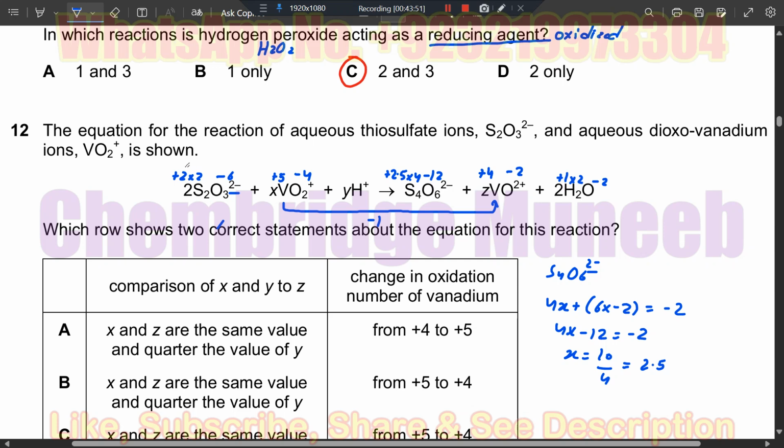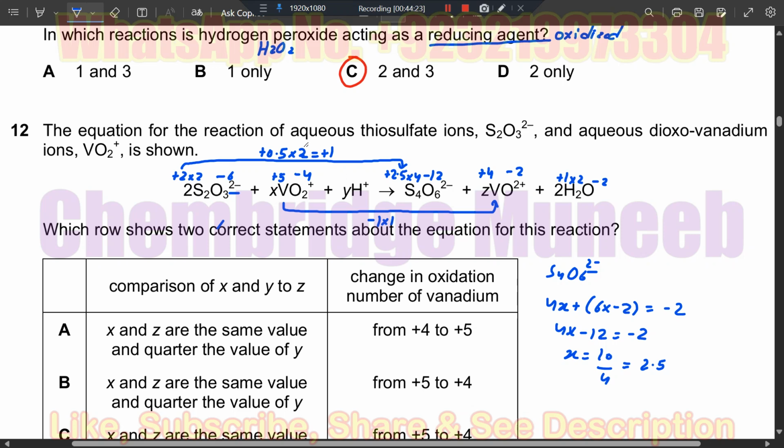Now for sulfur, the change is from +2 to +2.5, which means the change over here is of +0.5. Now according to electrochemistry, we have to equalize the change, which means this +0.5 must be multiplied with 2 to make it +1, and -1 is already there, which does not require to be multiplied. It could only be said to be multiplied with 1.